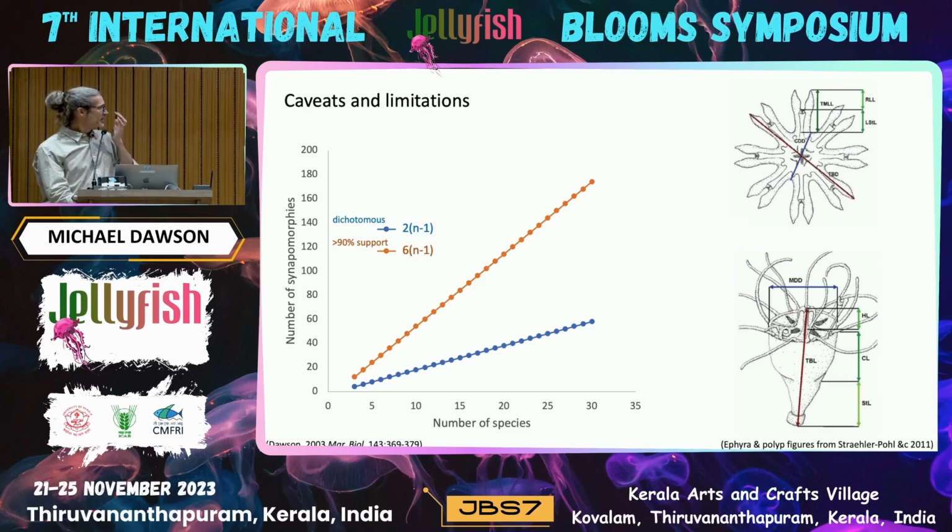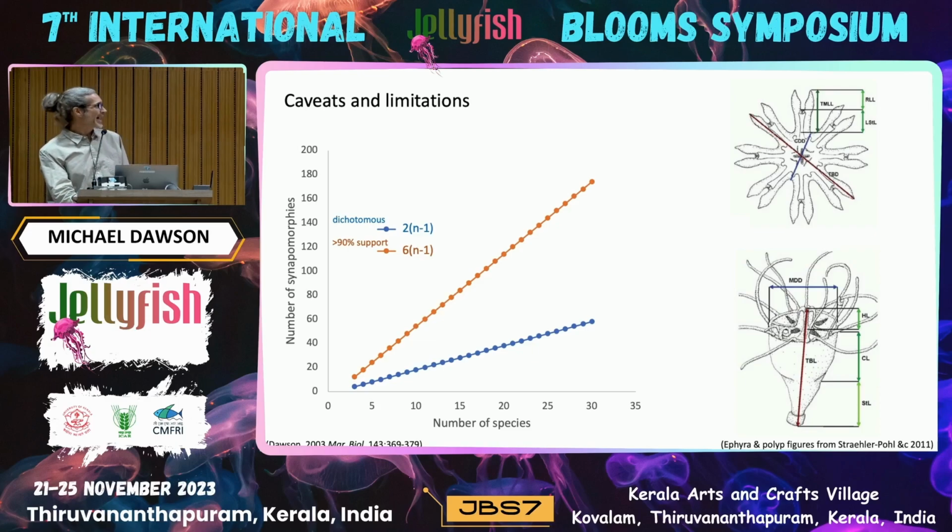How limited? Well, there are a couple of basic mathematical issues here. You need about this many characters that are informative and reliably distinguish species to have a fully dichotomous tree. But that's not a fully dichotomous tree that is statistically well supported.